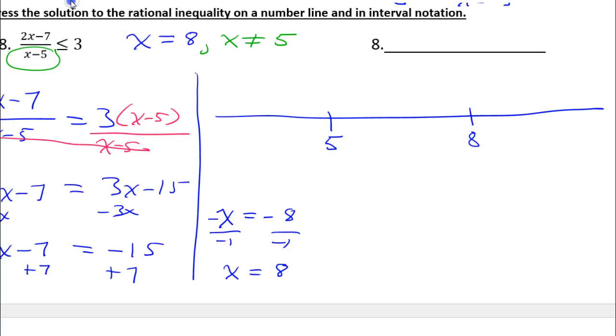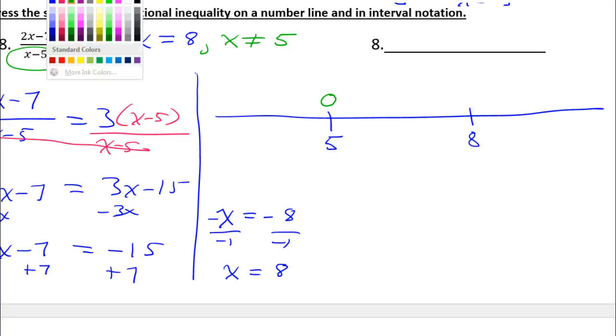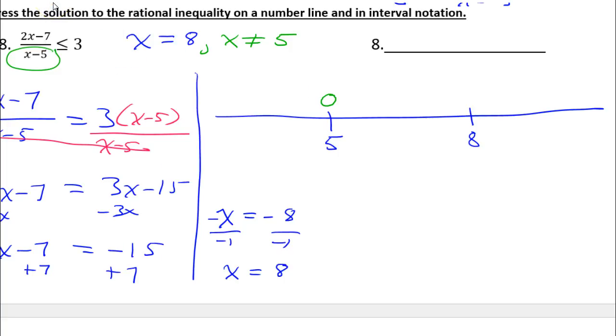Excluded values will always be graphed as open circles, because an open circle means that the value is excluded. On the other hand, the solutions to the equation are sometimes open circles and sometimes closed circles. It depends on this symbol right here.